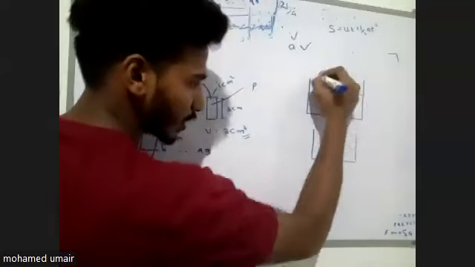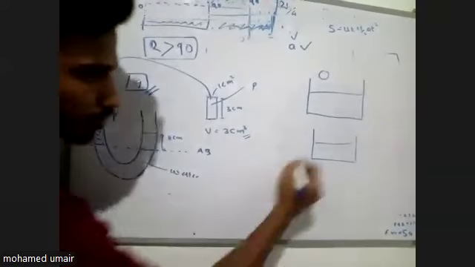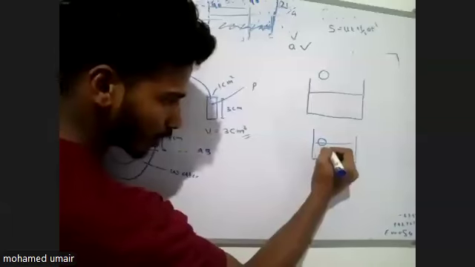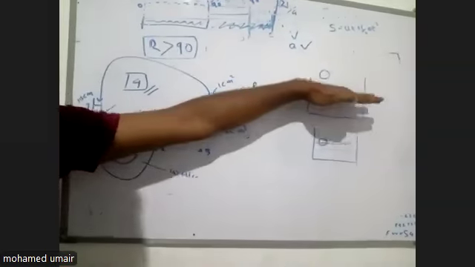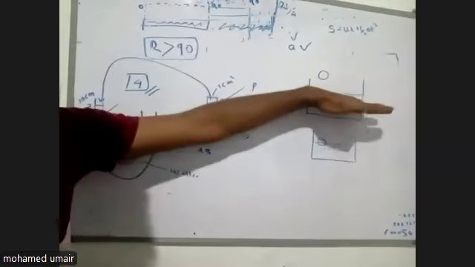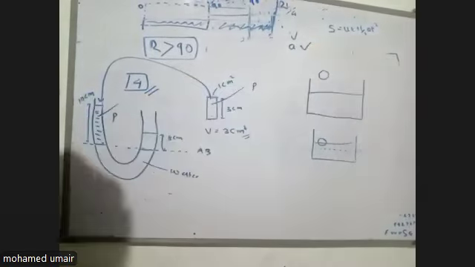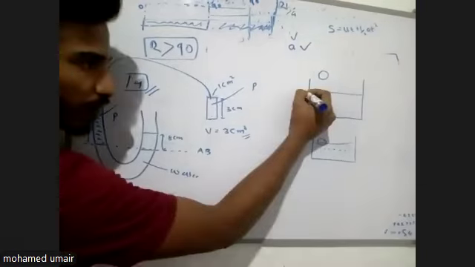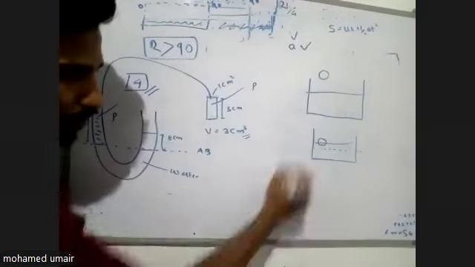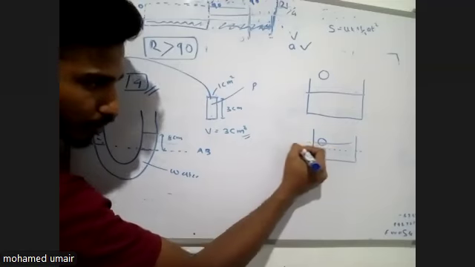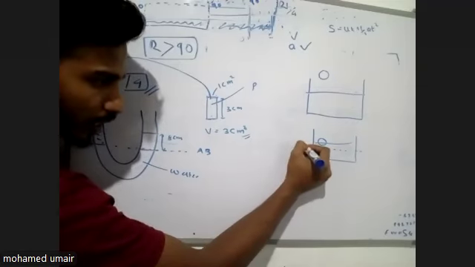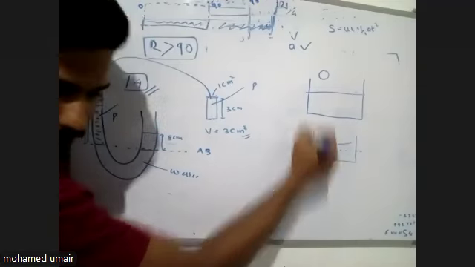If this plastic ball is going to float, if this was my initial level, the level of water at this point would rise up. So the water level at here and the water level at here will be different. In here, it has risen to a certain height.